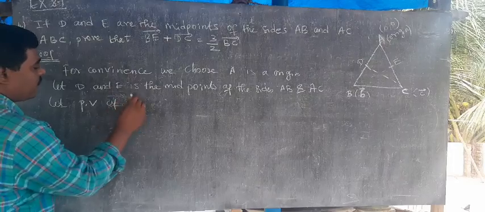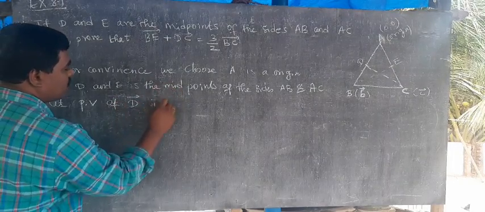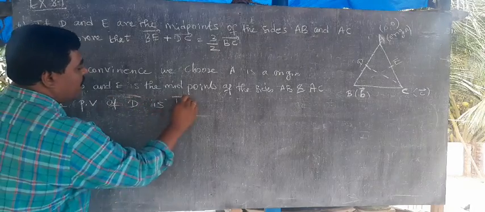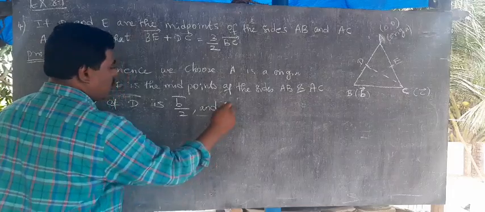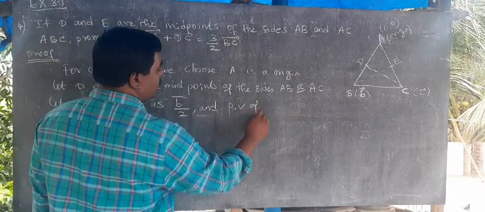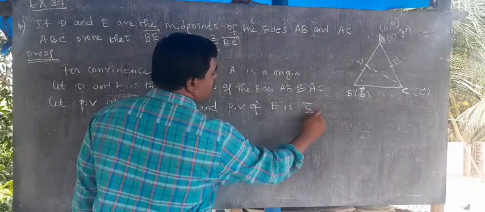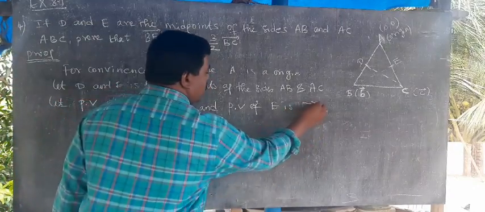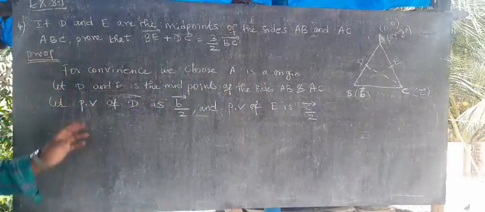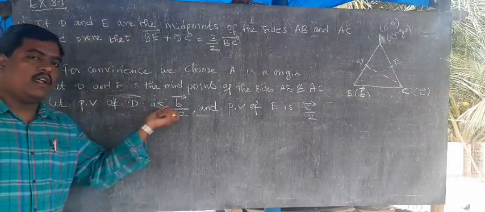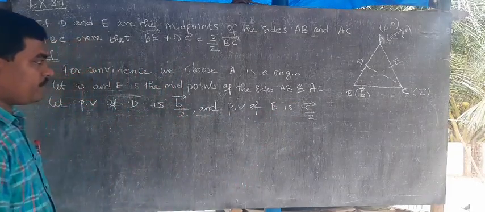Position vector of D is b vector by 2 and position vector of E is c vector by 2. Right? Because we have chosen A as the origin for convenience. So in a sentence you write position vector of D is what? b vector by 2. Position vector of E is what? c vector by 2. Right.